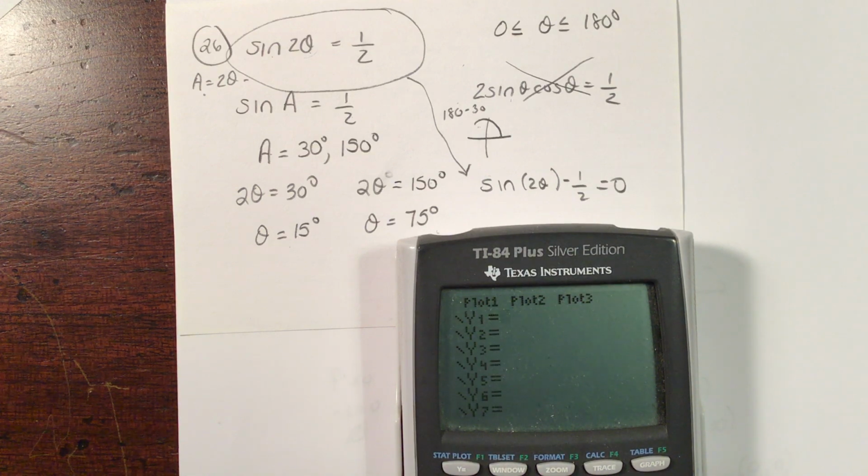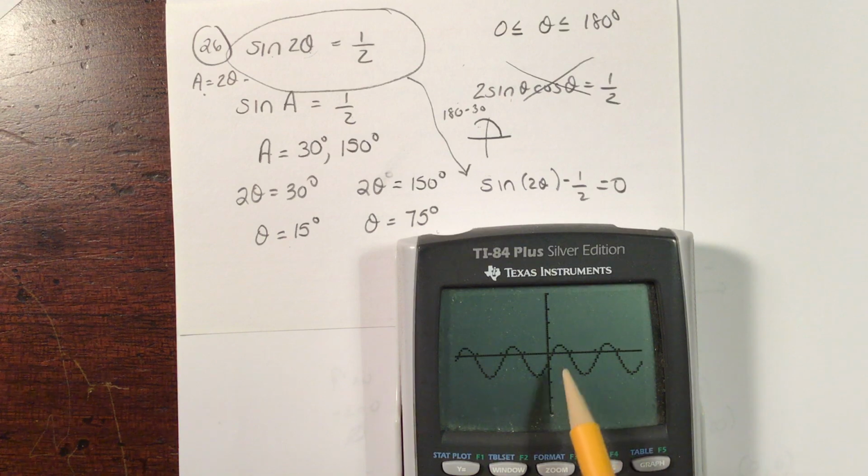So we would do sine 2x minus 1/2, and we'd graph that. Now, if I want to find the solutions between 0 and 180, I would just use my second trace zero function.